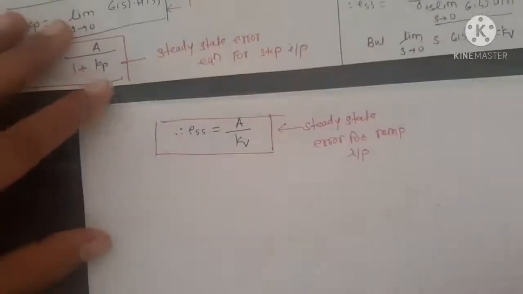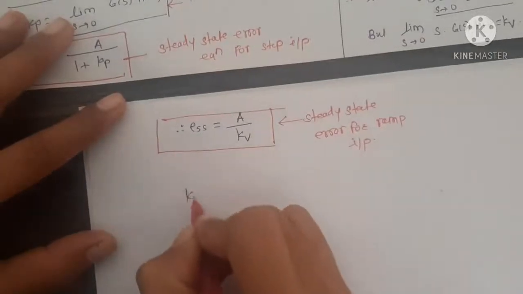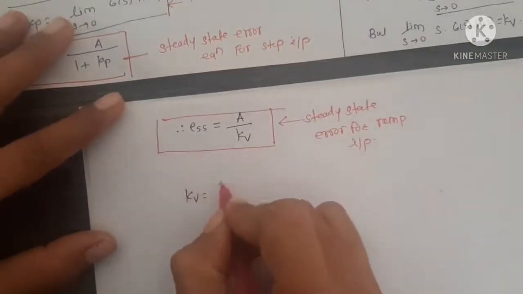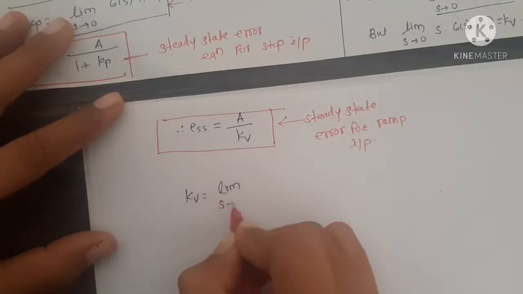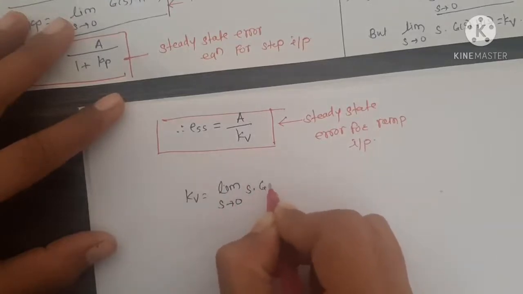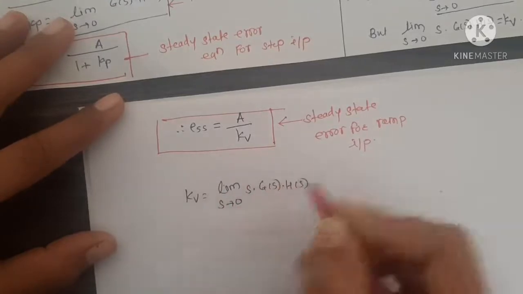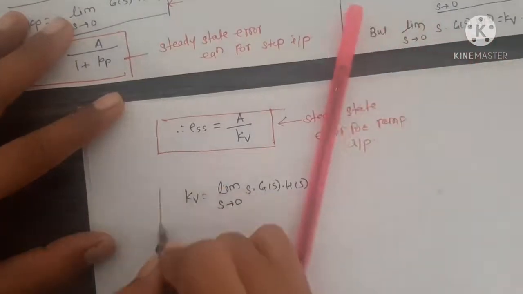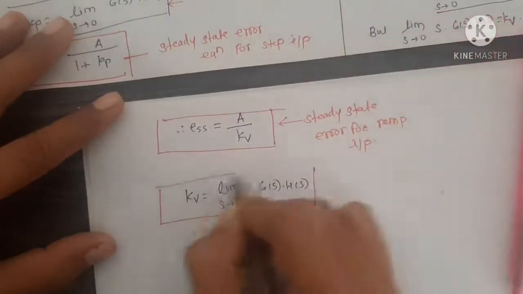For ramp input, what is the Kv value? Kv value is limit s tends to 0, s into g of s into h of s. This is your velocity error constant.